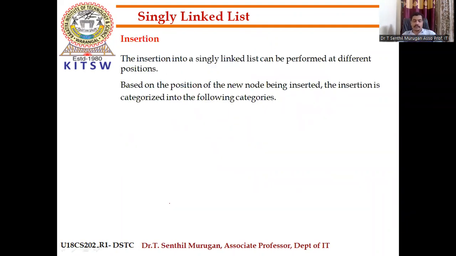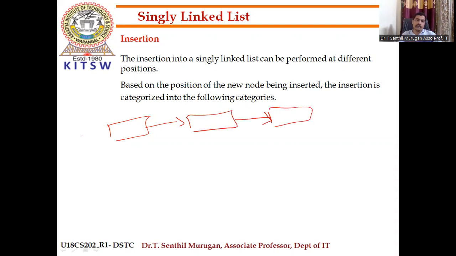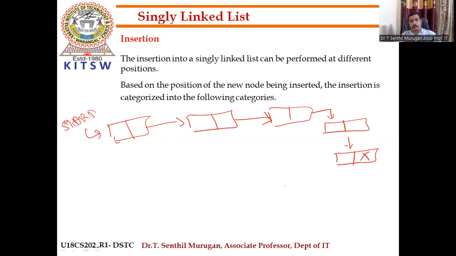So how to insert? We have 3 combinations of insertion, as I already said. The node will look like this. If 5 nodes are there, the start pointer is pointing to the first location, and each node has 2 portions. The last node has a null pointer.